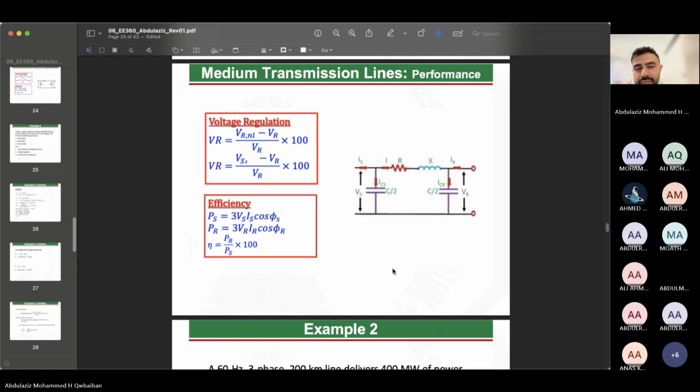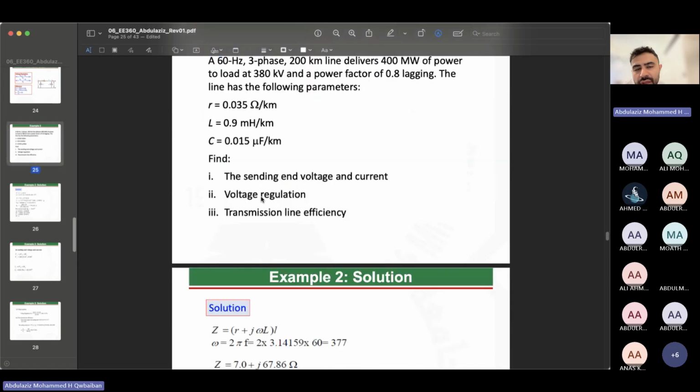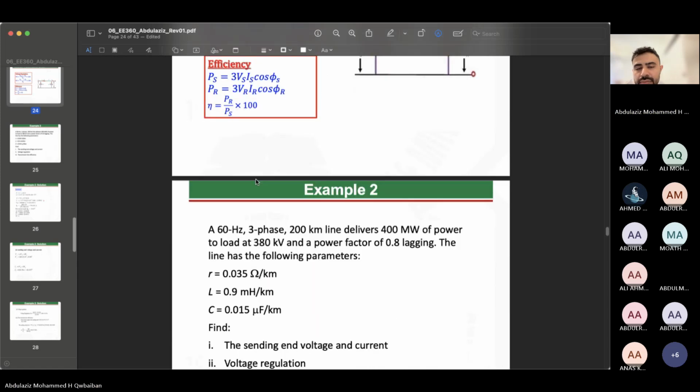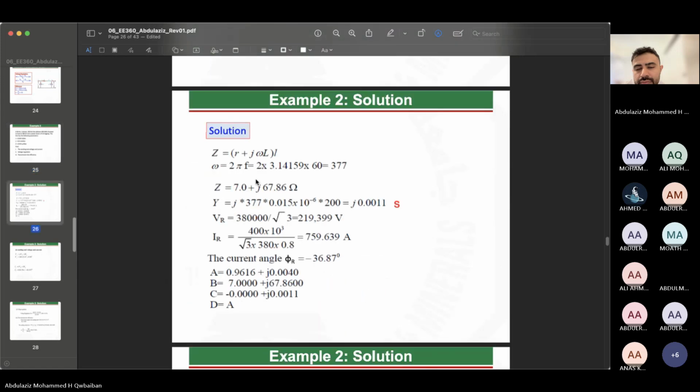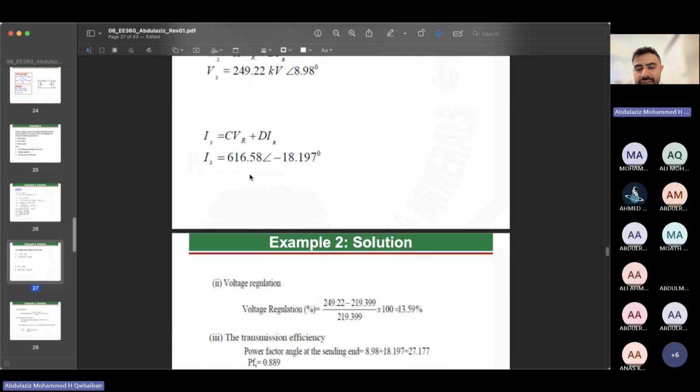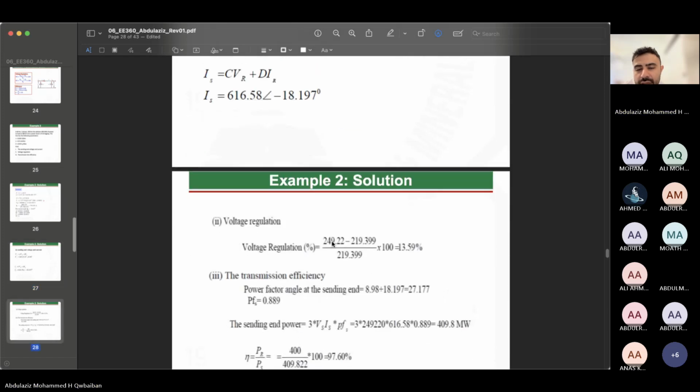Okay? I don't think so, because if you divide by A, you get VR again. You agree with me? Yes. So let's keep it as it is, okay? So the voltage regulation is Vs minus VR over VR. I apologize for that.